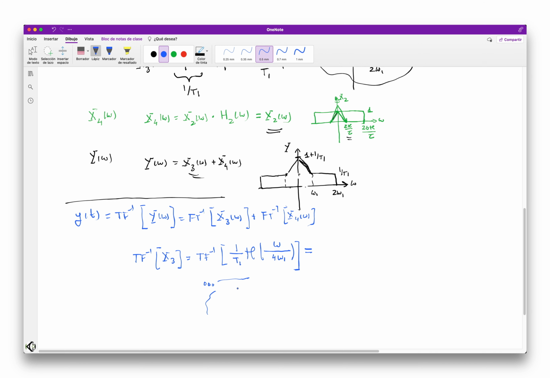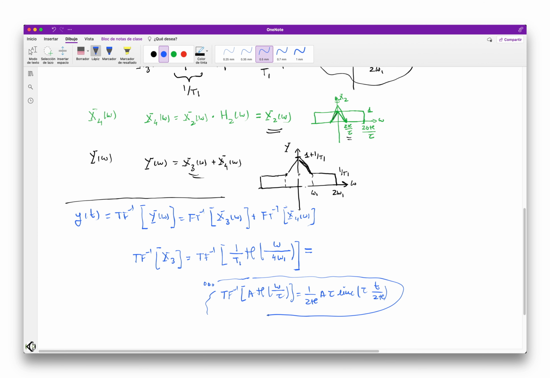Remember that we calculated the inverse Fourier transform of a pi of omega divided by tau, and this inverse Fourier transform was 1 divided by 2 pi times tau sinc of tau t divided by 2 pi.